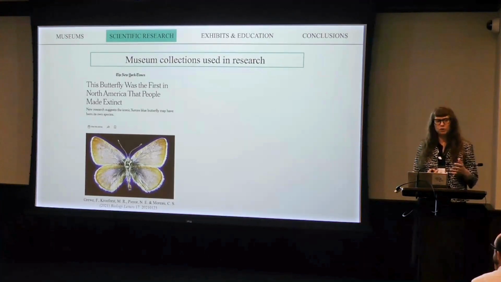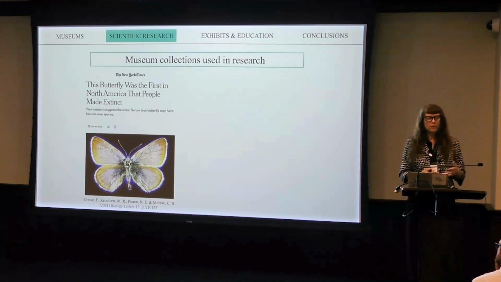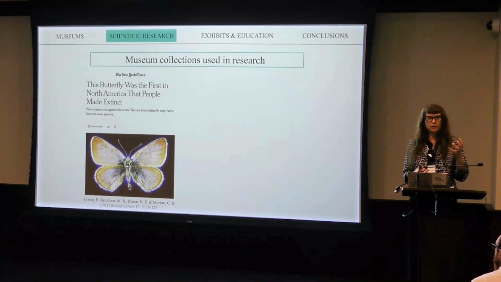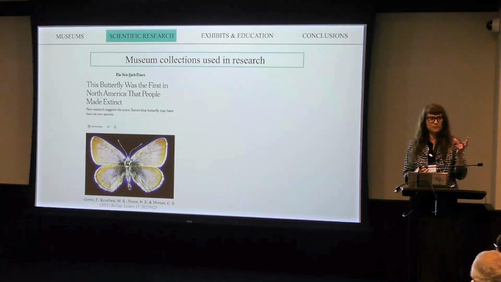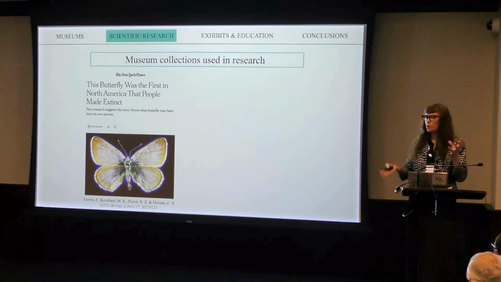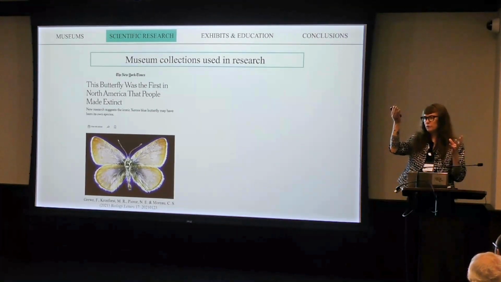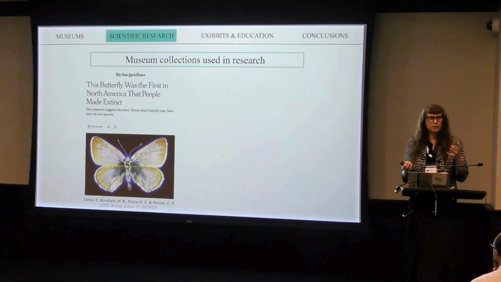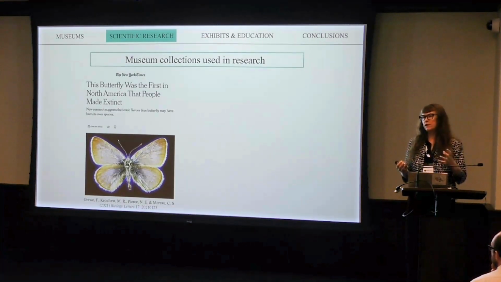Now, that's not what the genomics allowed us to test. But what the genomics allowed us to test was this long-standing question of whether the Xerces blue butterfly was in fact a distinct species, or was it just a population of a widespread species that has its distribution from Canada through all of California into northern Mexico? And people had long argued as to which in fact was true.